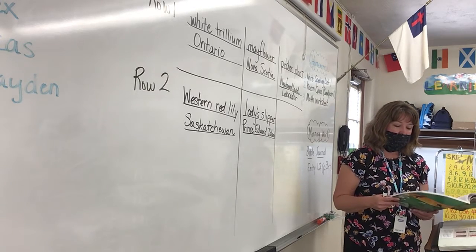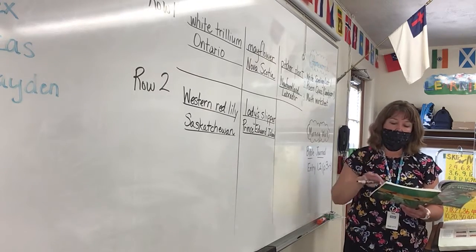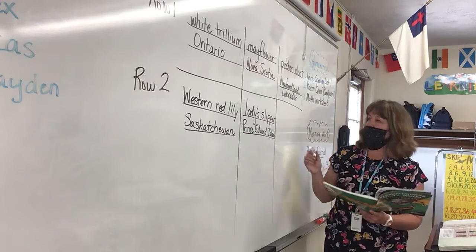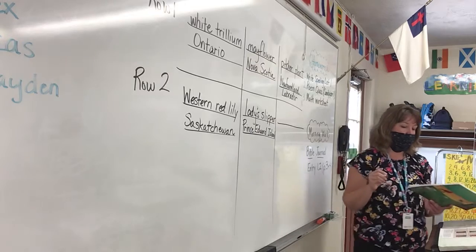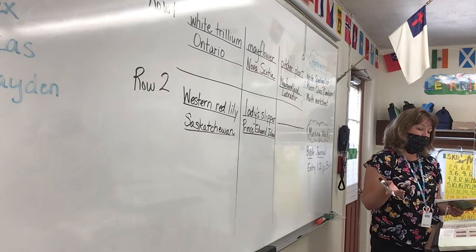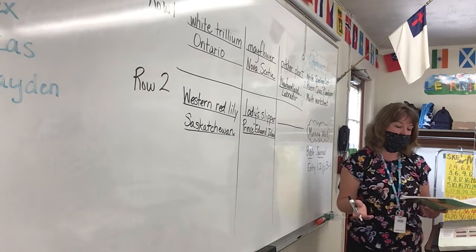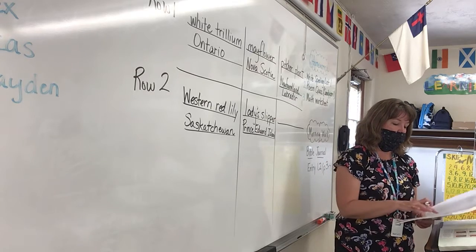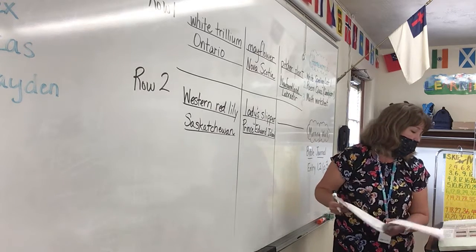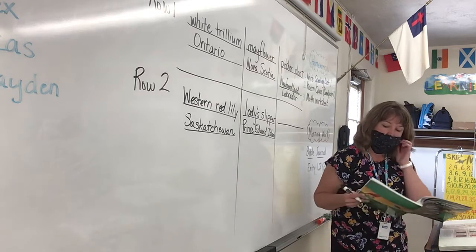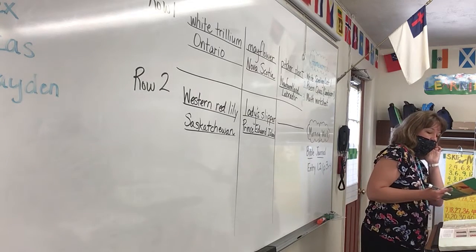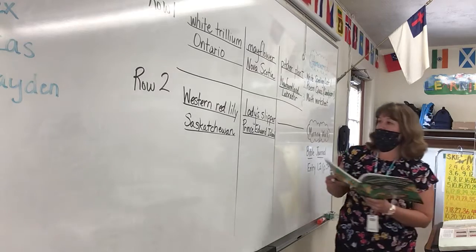You know what? I think for the last flowers, let's just go ahead and write the name of the flower and not where you can find it. Although it's good to know, but I don't think we need to know that for anything. So who can tell me what the name of the next flower would be? Lucy? Fireweed. Yes.